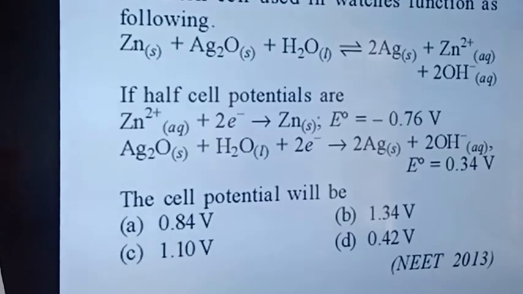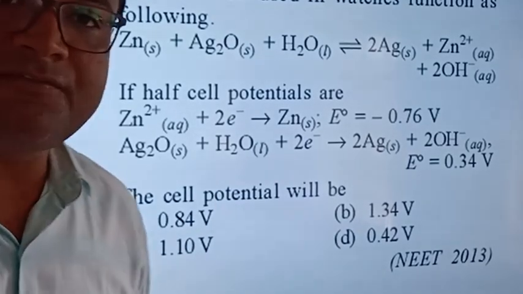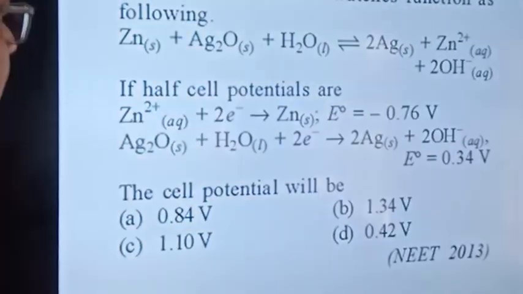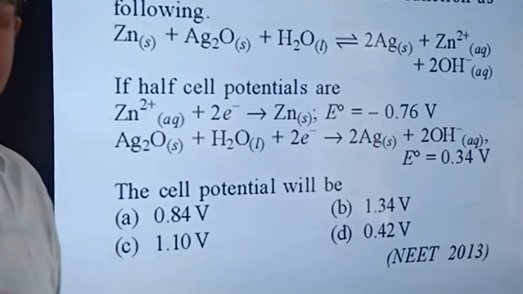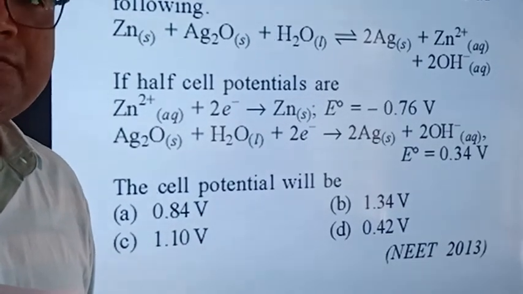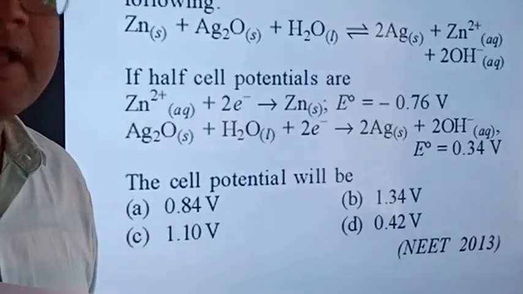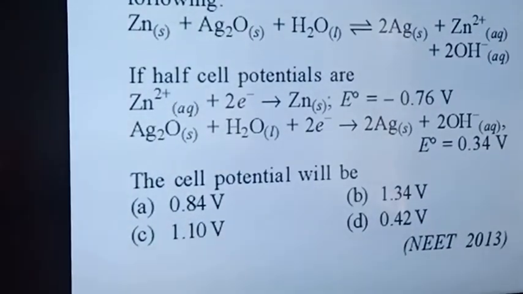What will be the cell potential? It is a direct formula we use, and the formula is E naught cell is equal to E naught of RHE minus E naught of LHE. Let's write the reaction now. Question number 12.